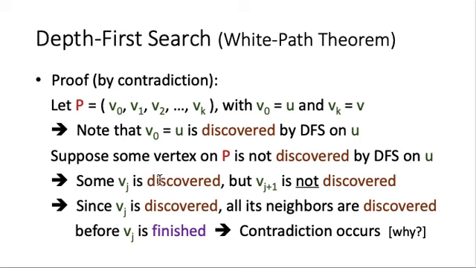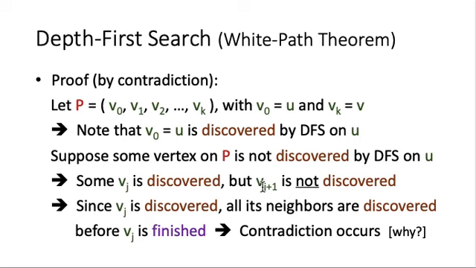Now, if this happens, what does that mean? Because Vj is discovered, when Vj is discovered, we automatically run DFS on Vj, right? So when that is true, all the neighbors of Vj will be checked, so all the neighbors of it will be discovered.